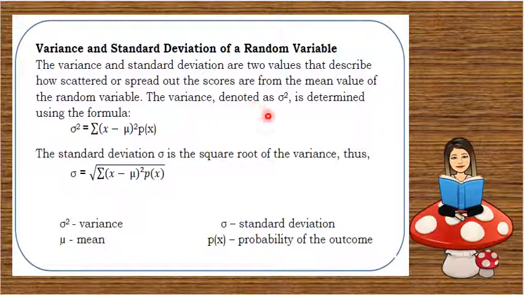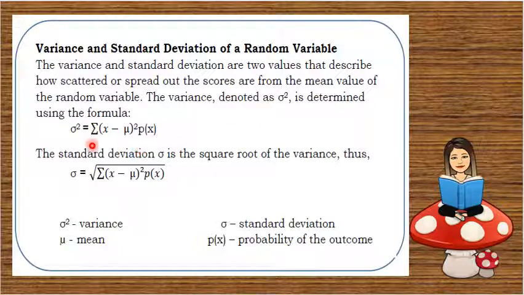So, the variance, denoted as sigma squared, is determined using the formula sigma squared equals the sum of quantity x minus mu squared times p of x. While the standard deviation, or sigma, is the square root of the variance. Thus, sigma equals the square root of the sum of quantity x minus mu squared times p of x.